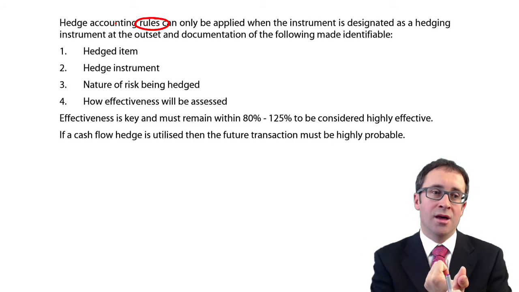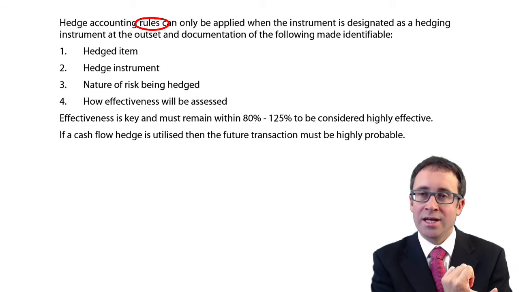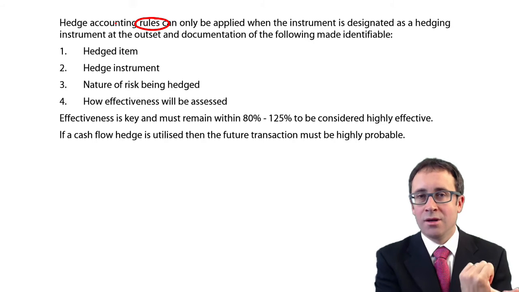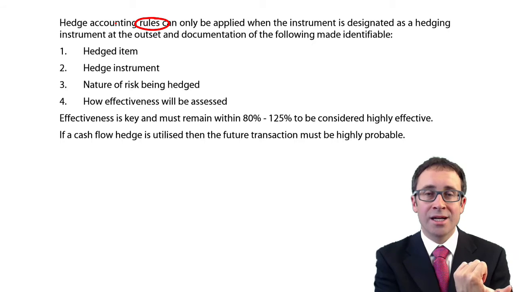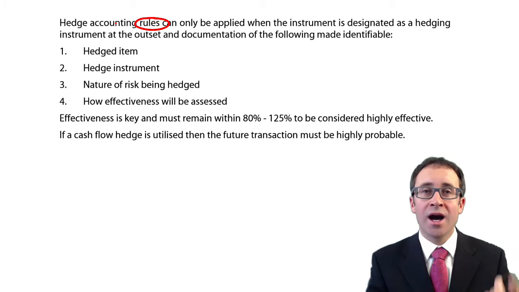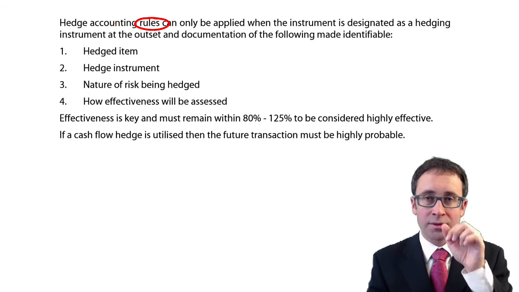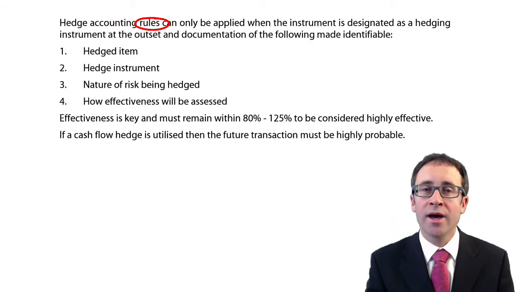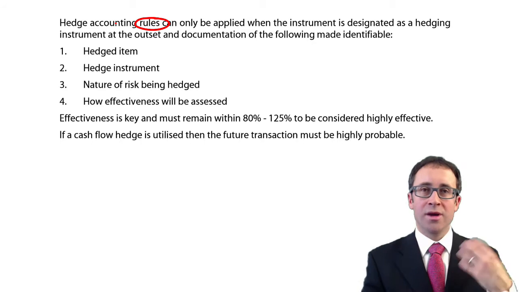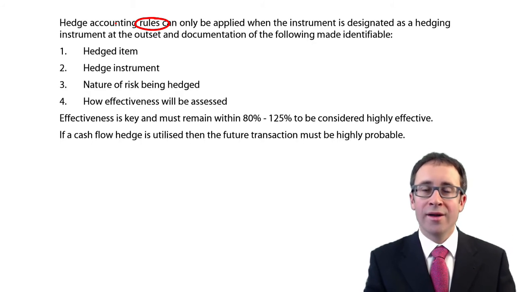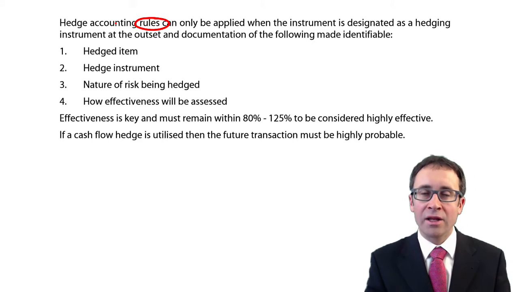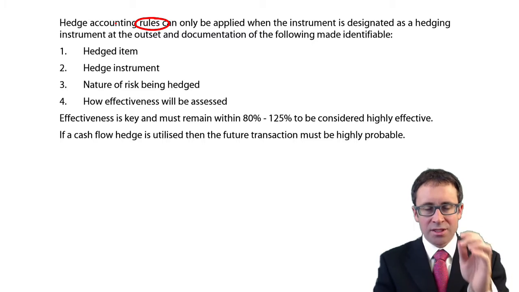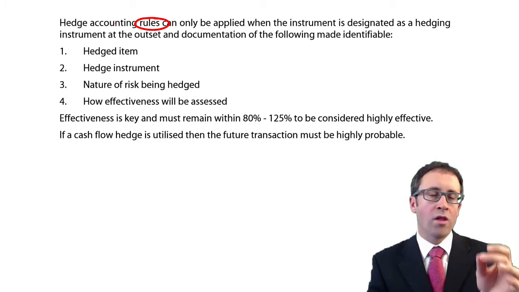Is it the overseas net assets in a net investment hedge? Is it a highly probable future transaction, with regards to your cash flow hedge? Or is it maybe some inventory or an investment that you've made, looking at your fair value hedge? So you have to specifically detail what the item is.